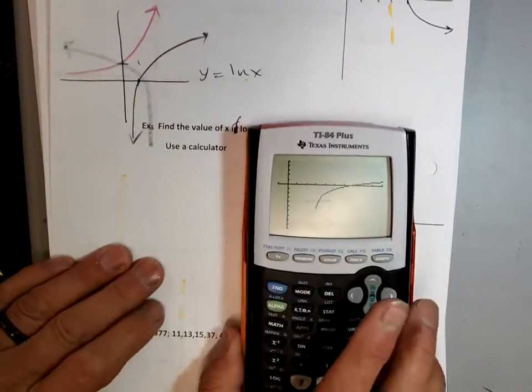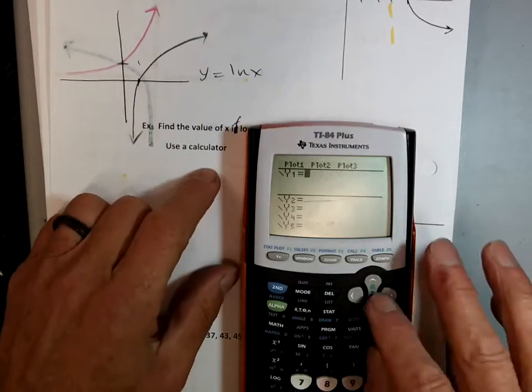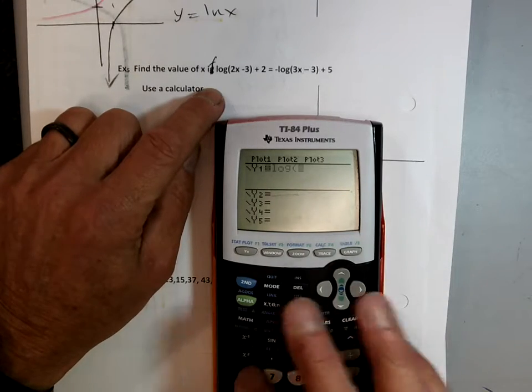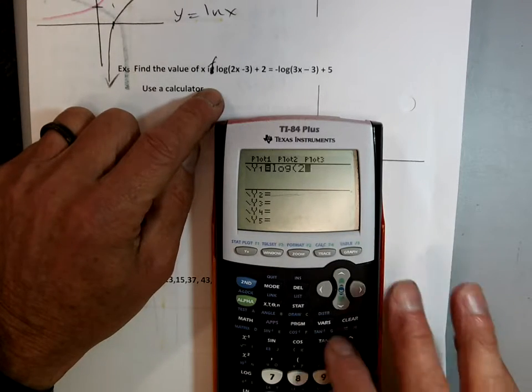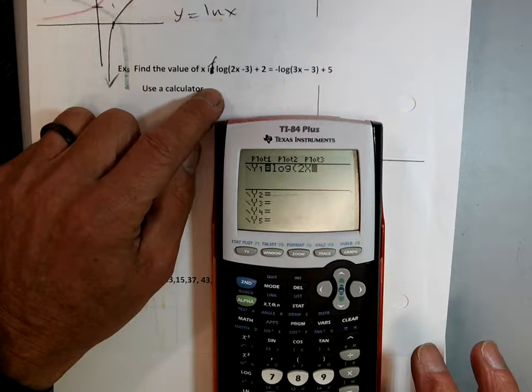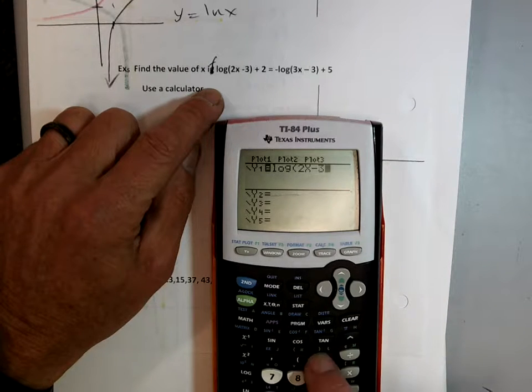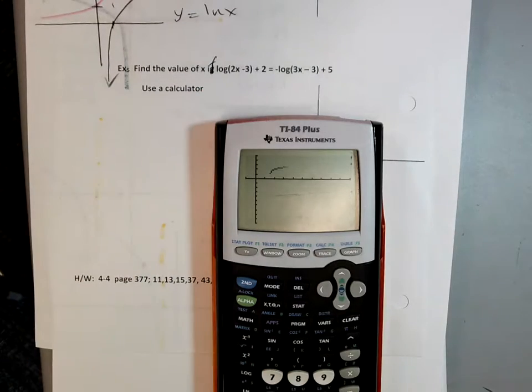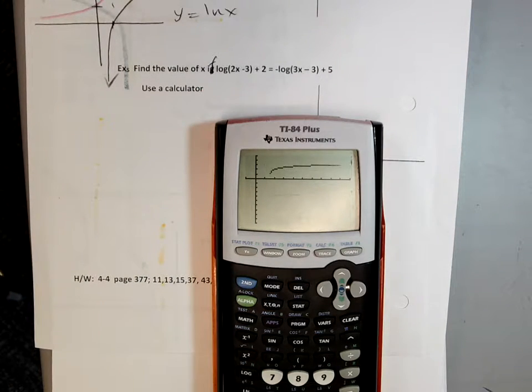So if I go to y equals, clear that. I'm going to go a log. Now it's regular log. This is log base 10 of 2x minus 3 plus 2. And I'm going to graph that one. Wait, it was log base 10? Yeah, how do I know it's base 10? Because it doesn't have one.